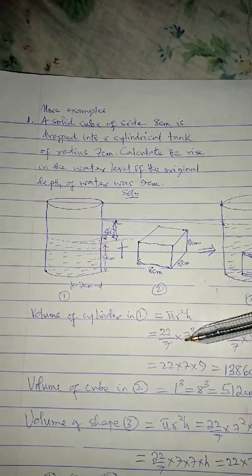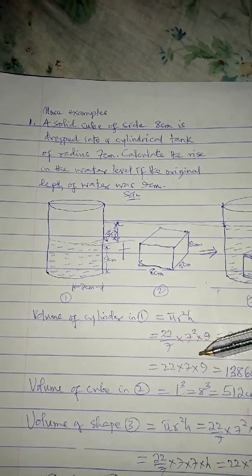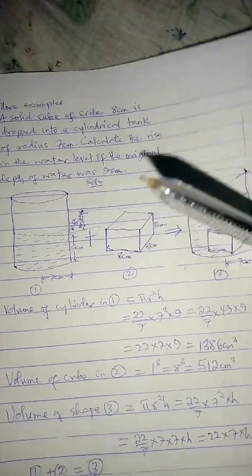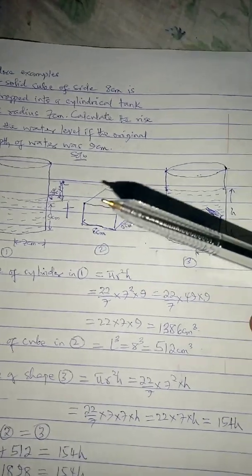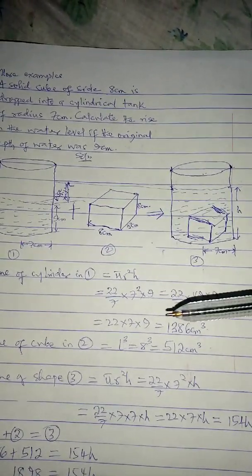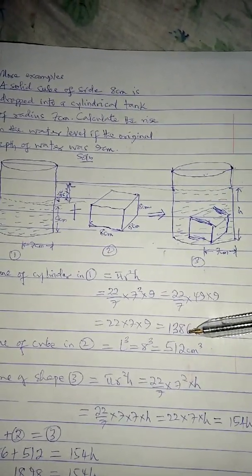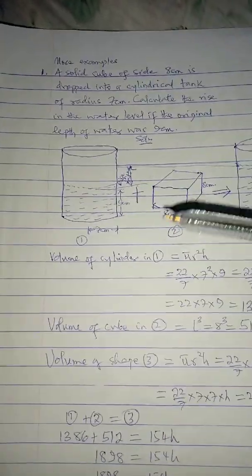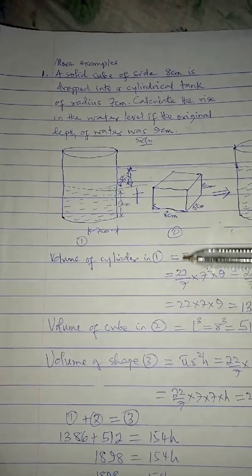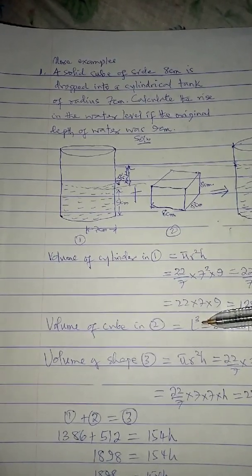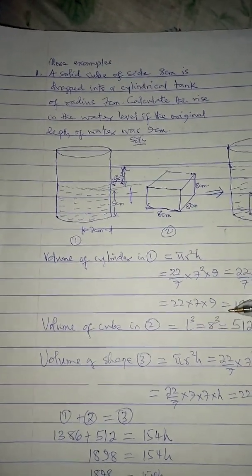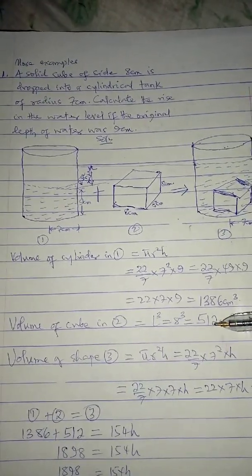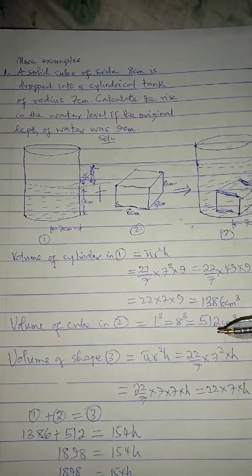Pi is 22/7 times your 7 squared times 9. 7 squared is 49. 7 will cancel 49 to give 7, and we will have 1386 cm cube. Volume of your cube in 2. Volume of cube is length times length times length. That will give 8 raised to power 3, which is 512 cm cube.